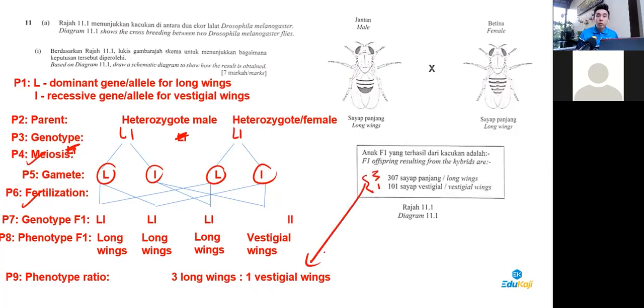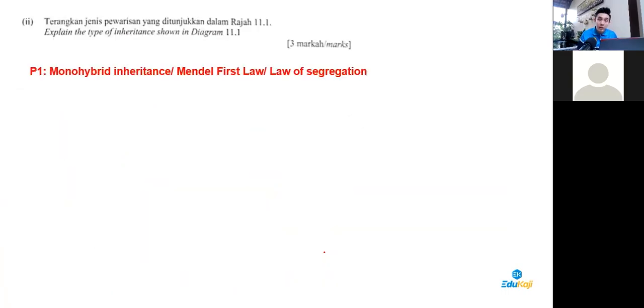Okay, so this is monohybrid. Guys, this is monohybrid. So if they ask you what inheritance this is, you can tell them straight: this is monohybrid inheritance. What is monohybrid inheritance? Let's say we talk about height. Big T is tall. Big T, small t is tall.